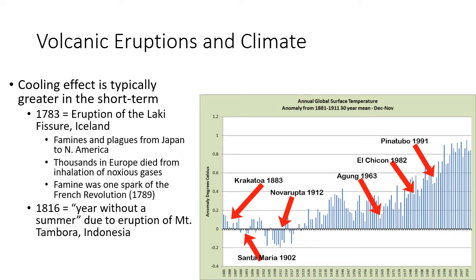In 1816, there was the year without a summer. That was from the Mount Tambora eruption in Indonesia. What I wanted to show with this diagram is temperature fluctuations due to volcanism. We see an overall trend of increasing temperature since the Industrial Revolution due to increasing carbon dioxide in the atmosphere from human activity, burning fossil fuels.